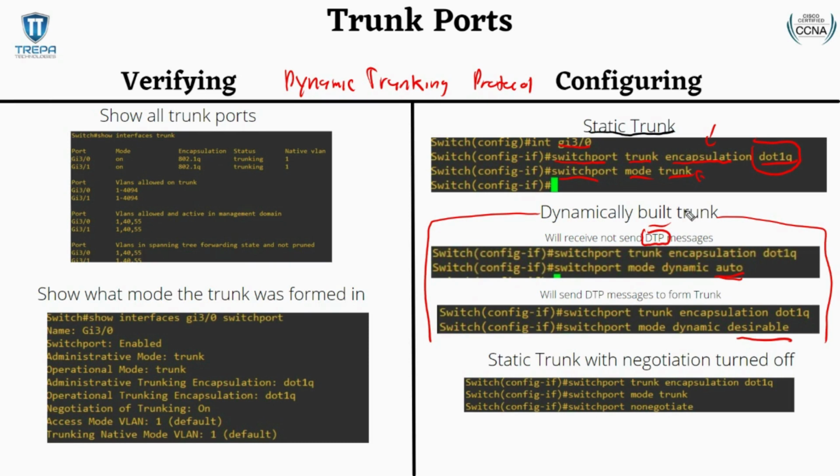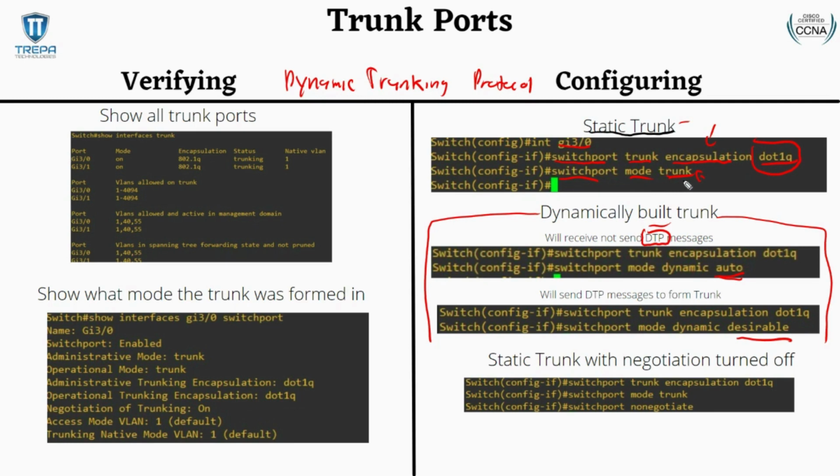Now, here's something that messes up my students a lot that I'm going to try to explain to the best of my ability. Does building a static trunk turn off the DTP messages getting sent? It doesn't. Even with a static trunk, where we say the mode is going to be trunk, negotiation isn't going to happen, but the DTP messages on the wire are still going to get sent.